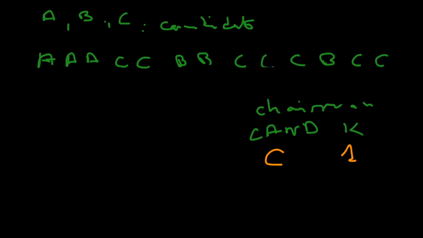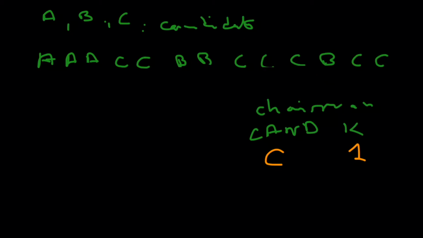Then after that, we go to the next here, which is C. C is the same as candidate, so that means we can increment K. And we go to the next again, we get to B. And so B is different than C, but K is 2, it's not 0, so that means we can just decrement K to be 1.